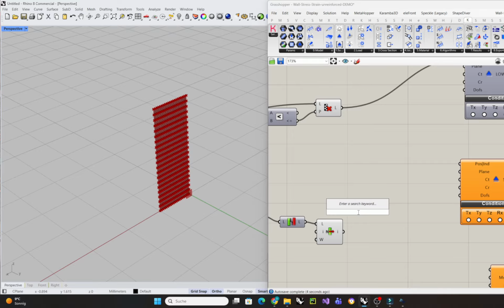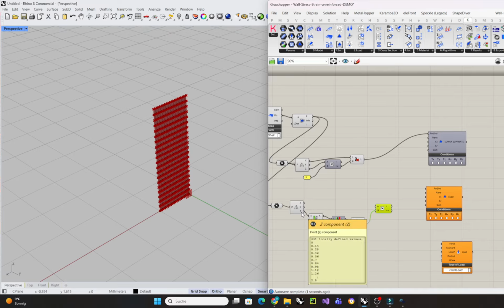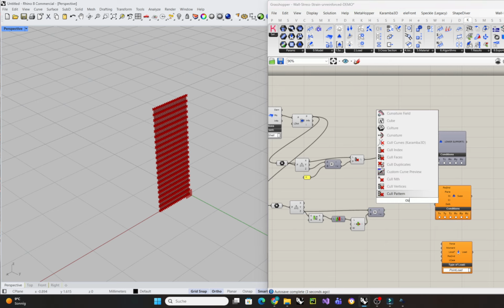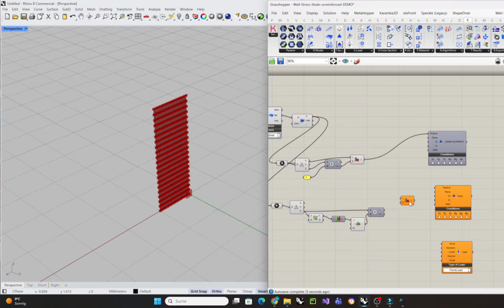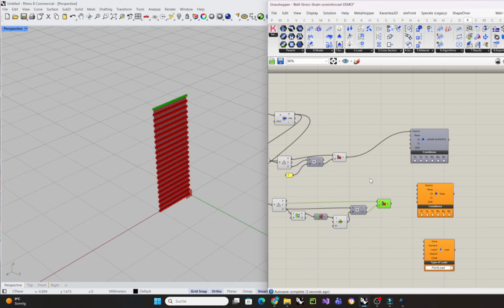And compare again this value with all of the Z values, with the same pattern. This gives me the other top points.